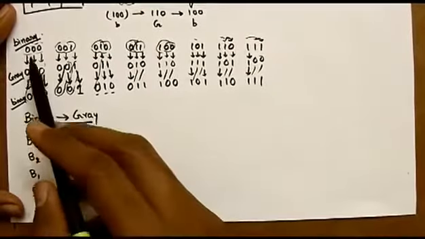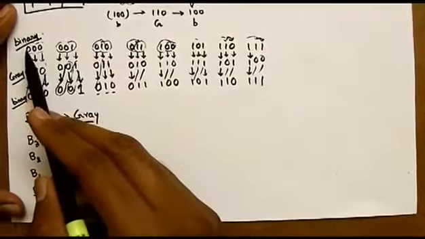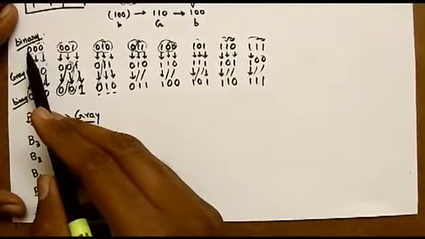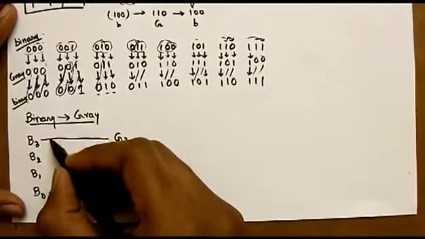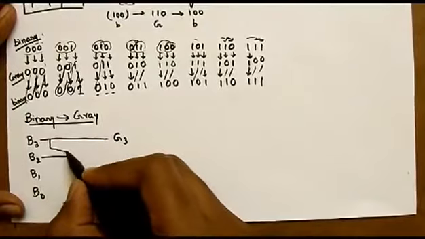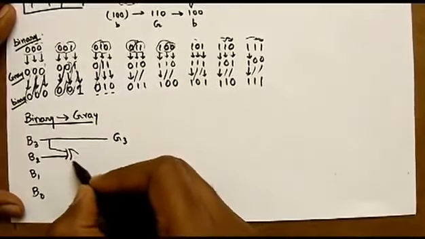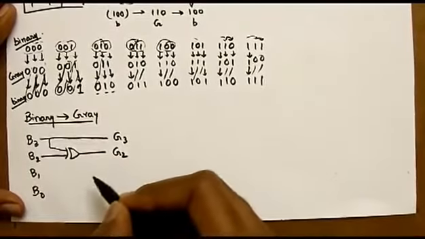Now look here, what are we doing? We are trying to XOR the MSB bit with its next bit. So we can take the MSB bit, we can take the next bit, put an XOR gate here, then give it out.